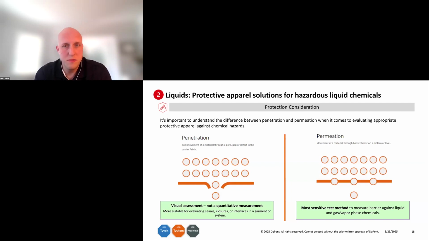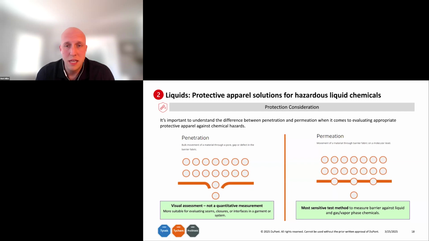Versus our data, where we test up to 8 hours. That is a permeation test method. So a lot of times for our garments, you'll see greater than 480 minutes. That's a telltale sign. Just a quick little tidbit as you're looking at garments, to figure out what's being tested against penetration versus permeation.